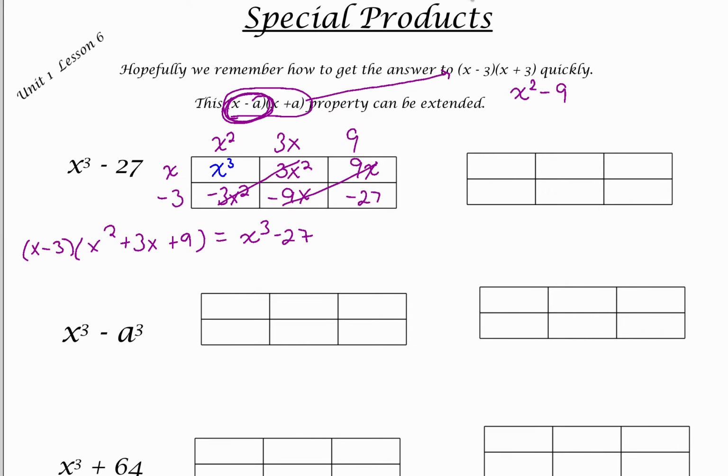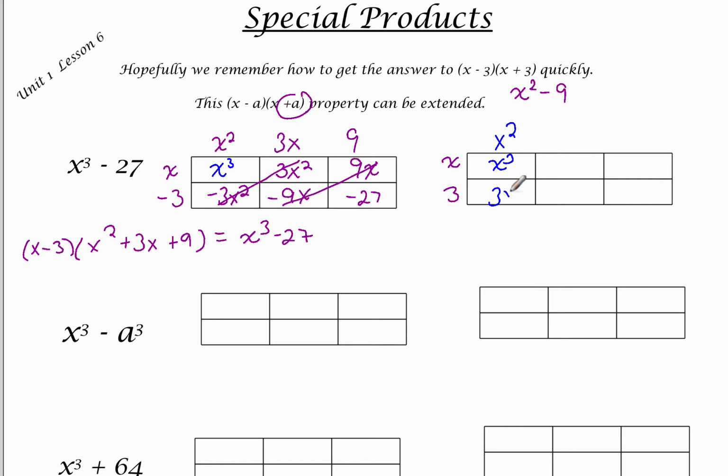Okay, well, that makes sense. But how about this part where it's positive? Could I have x and then take the cube root of 27 and make it positive 3? Well, let's do some reverse work again. We knew this has to be x cubed, so this has to be x squared.